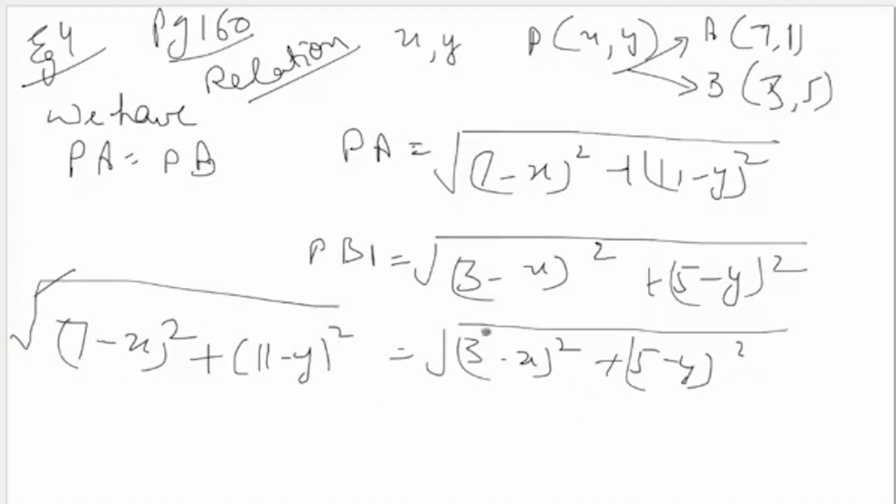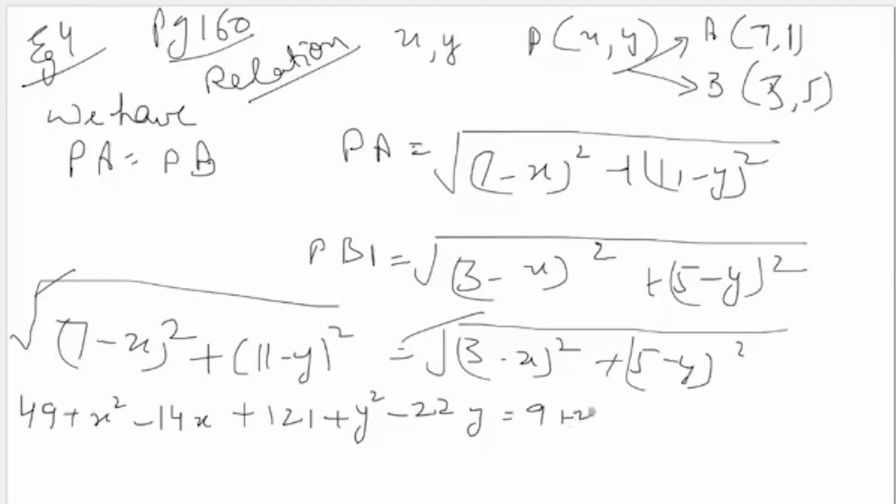So the root cancels with the root, or we can write squaring both sides. Now open it. 7 square is 49, and with the help of the identity (a minus b) whole square we are opening this: 49 plus x square minus 14x, plus 121 plus y square minus 22y is equal to 9 plus x square minus 6x plus 25 plus y square minus 10y. Now y square cancels with y square, x square cancels with x square.